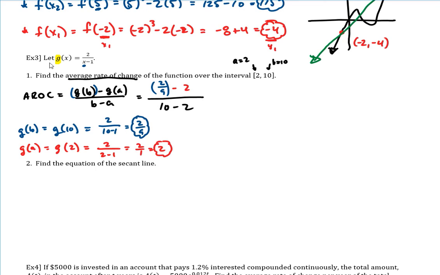And if you have a calculator and if we're allowed to use it, we could just plug it all in. I'm going to simplify this a little bit. So I have 2/9 minus 2 over 10 minus 2, which is 8. And then I'm going to use my strategy that we saw from limits a while ago. Actually, I could put a 1 under that too if I'd prefer. So I could have kept it as 2 over 1.